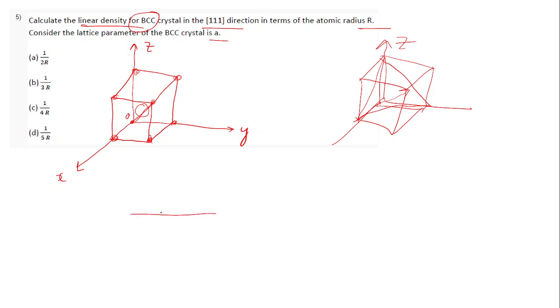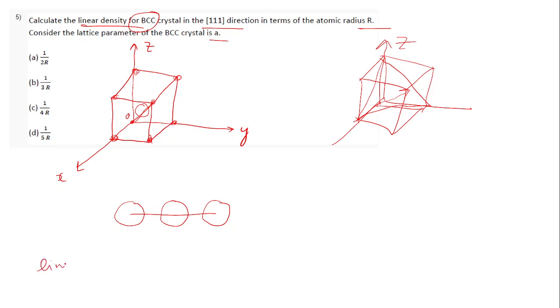So how many atoms do we have on this 1, 1, 1 direction? One at this corner, one at this corner, and one in the center. Please remember these three on the body diagonal touch each other, but because I could not draw it like this, sorry, they are all touching each other.